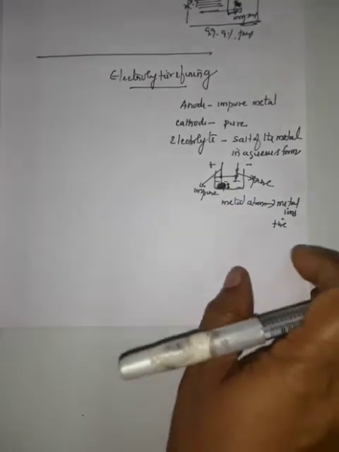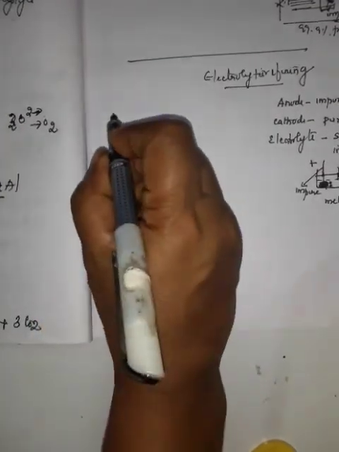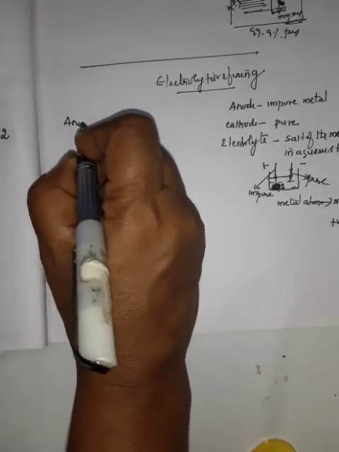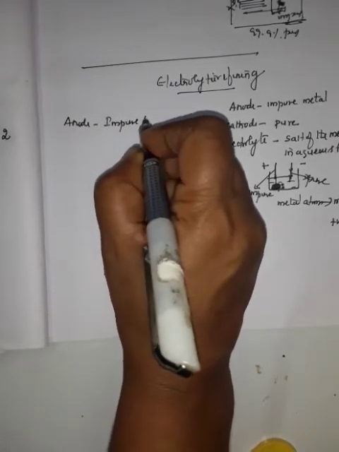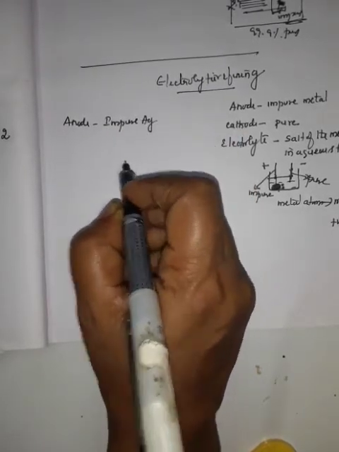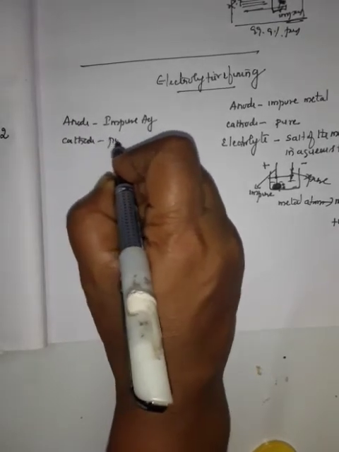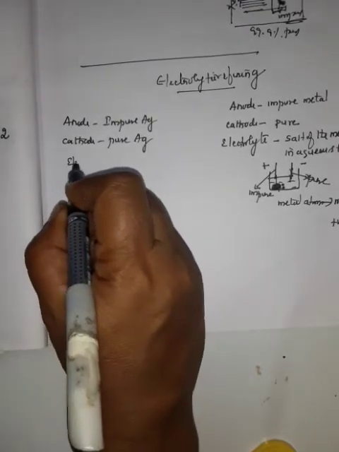One example we can see is refining silver. To refine silver, anode is impure silver, cathode is pure silver, electrolyte is acidified aqueous silver nitrate, AgNO3.